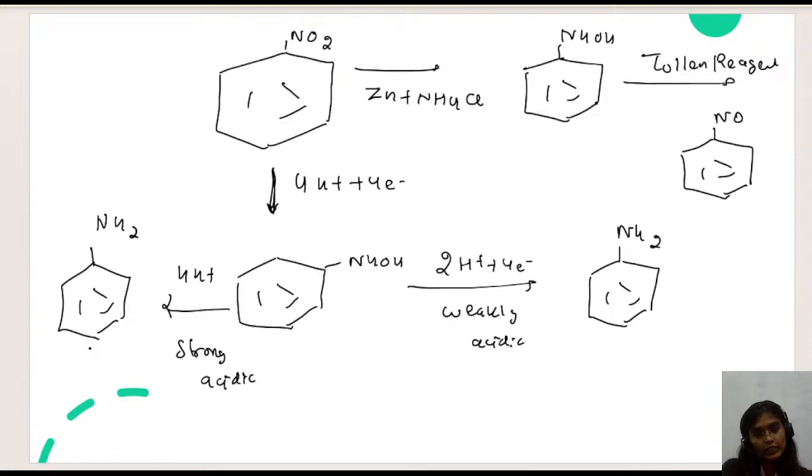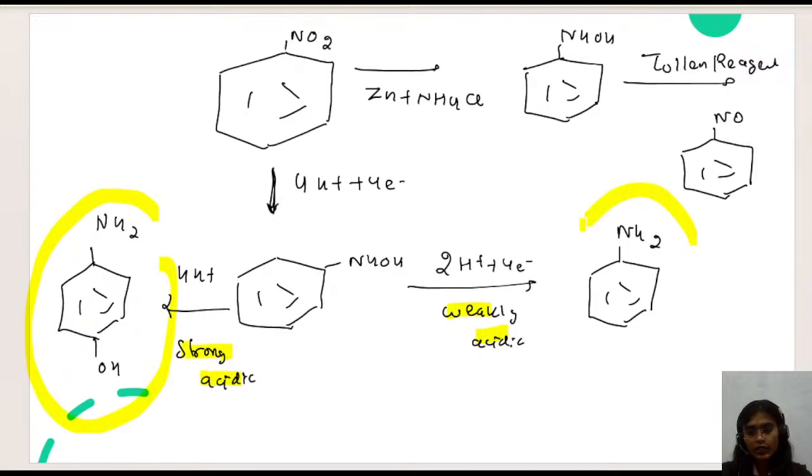This is the only reaction which we're going to remember from this topic, important. So first of all, strong, weak, aniline, and this is Tollens, this is that Mulliken test.